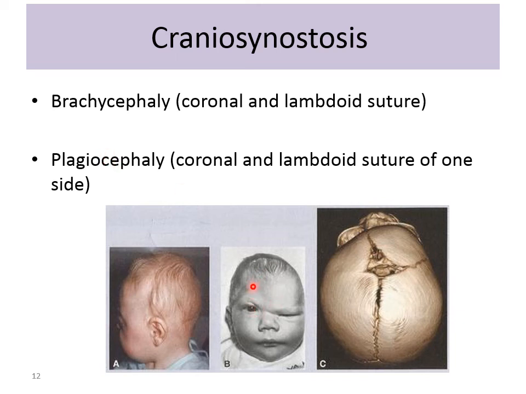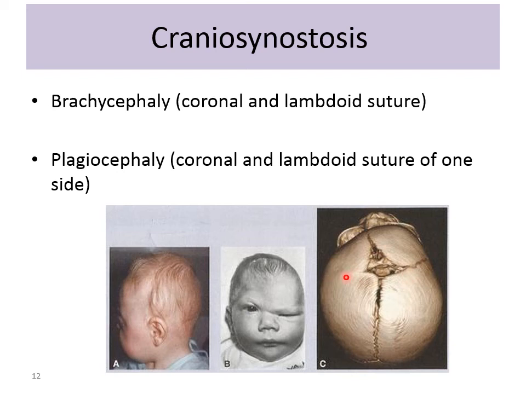In B, we have the plagiocephaly. It results from premature closure of the coronal and lambdoid suture on one side, closed earlier than expected. This is a 3D CT scan for this baby with plagiocephaly.